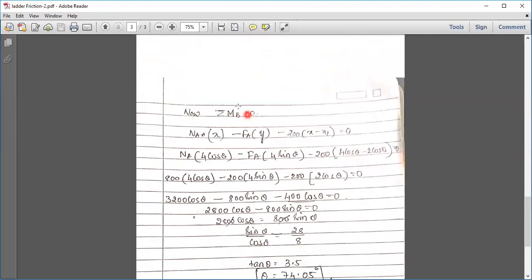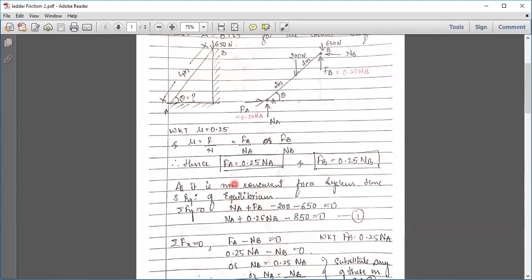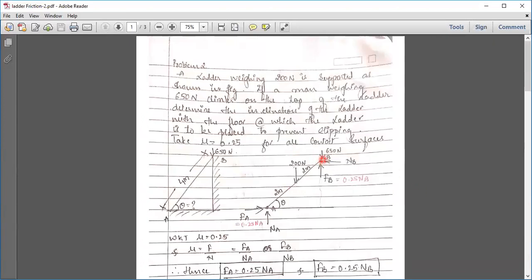Now substitute in summation MB equal to 0. That is, moment of all the forces about point B is 0. This is point B, I have to take moment at this point. So 650, NB and FB are passing through this, so they all three are 0. I will get moment only because of 200, FA and NA. NA is in the clockwise direction.